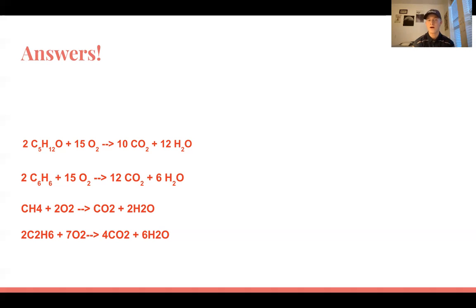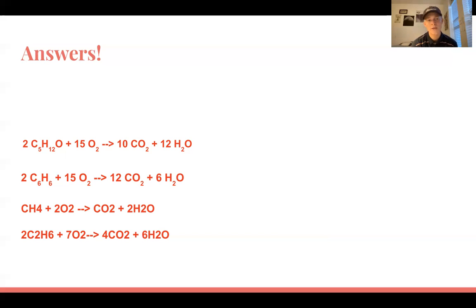And now you finally move on to the oxygen. It's good to count on the product side. For the carbon dioxide times 10, that's 10 times 2, and that's 20. And then the 12 single atoms of oxygen in the water is 12. So that's going to be 32.